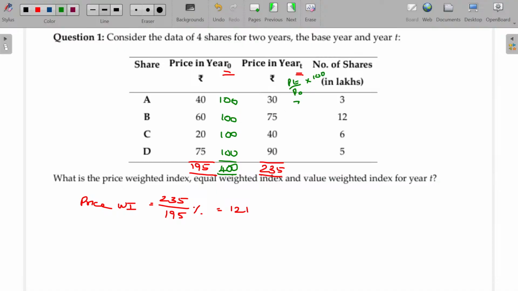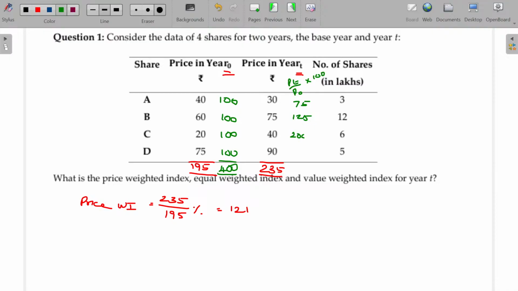You will get only 75 rupees. The same, if you invest 100 rupees in B, how much will you have? 60 becomes 65 means 100 becomes 125, and 20 becomes 40, then 100 becomes 200 rupees.